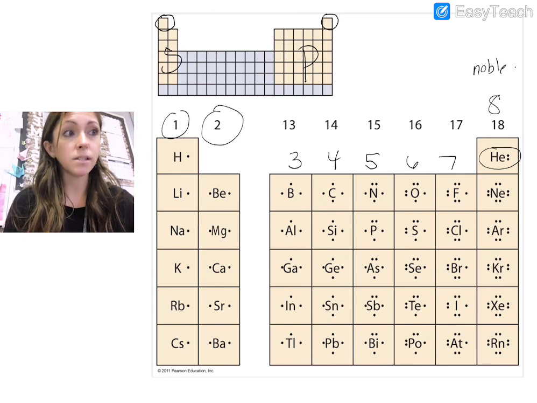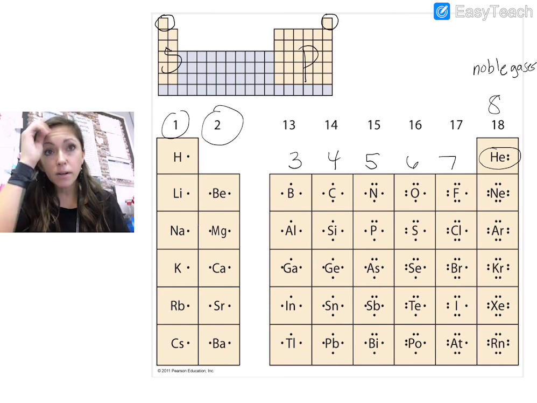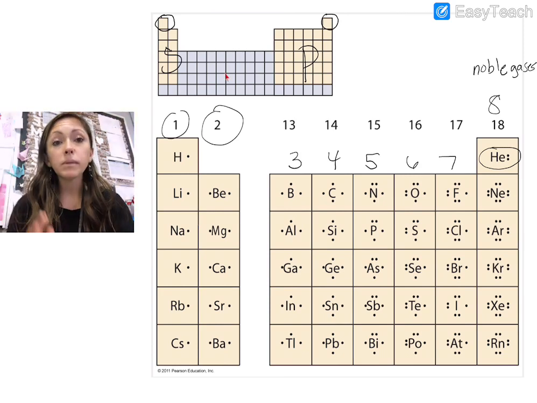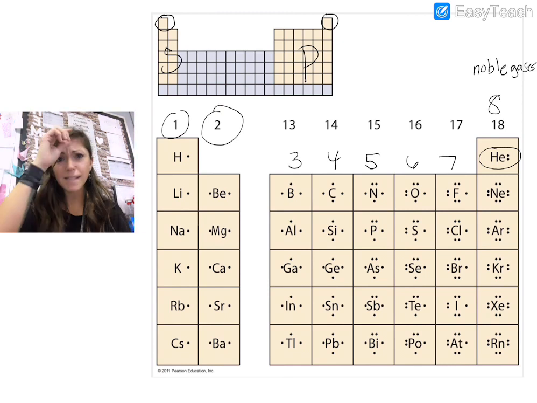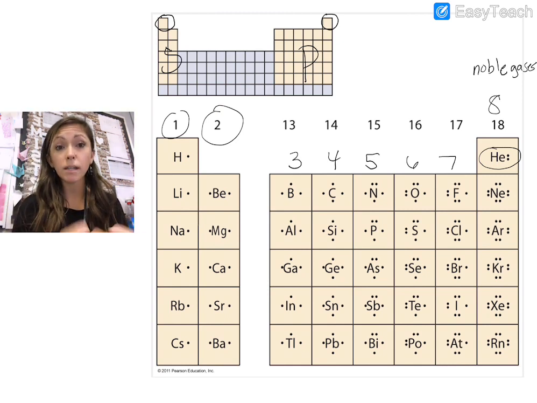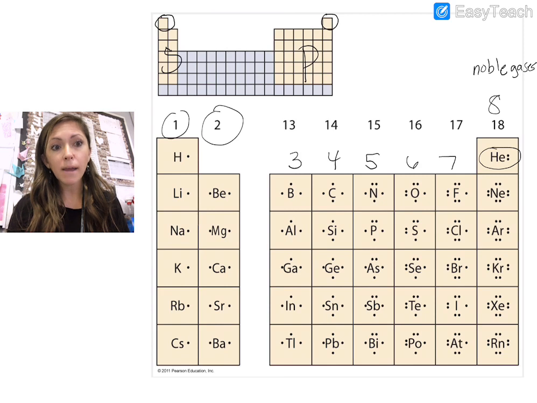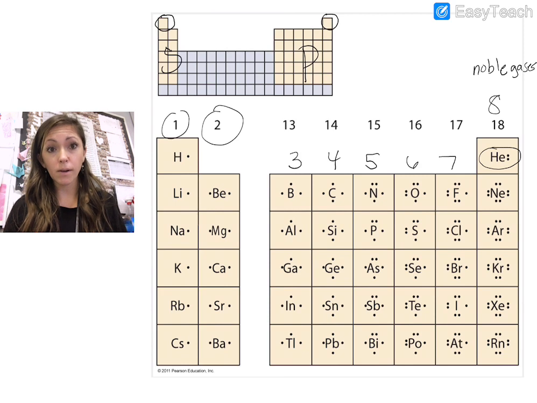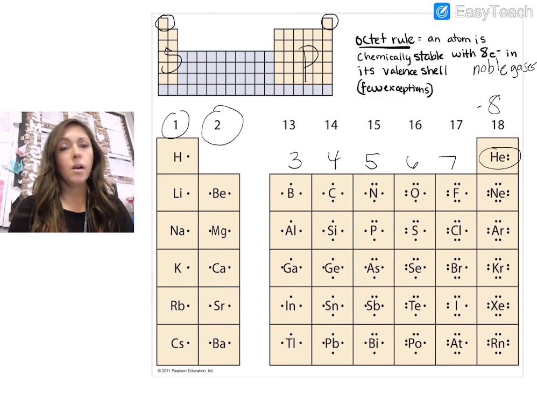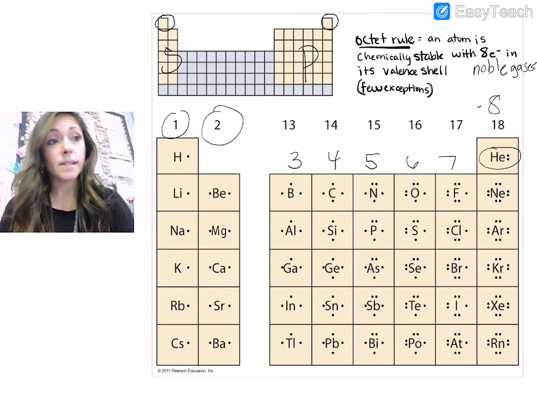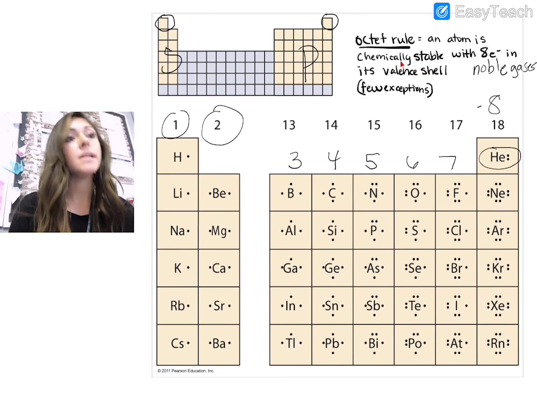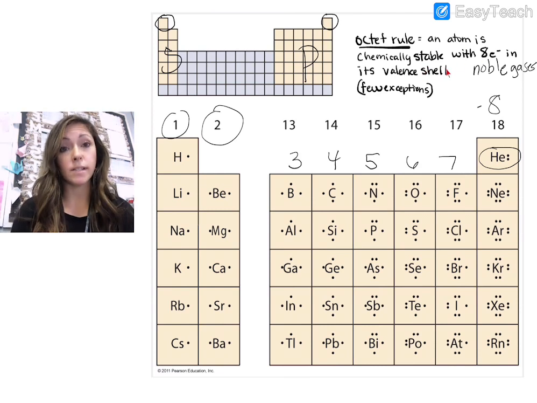And noble gases are the only elements within the entire periodic table that are completely chemically stable. So these elements don't have to chemically bond and make compounds with other atoms to become chemically stable. So there is a rule known as the octet rule, okay? The octet rule basically states that an atom is chemically stable with 8 electrons in its valence shell.